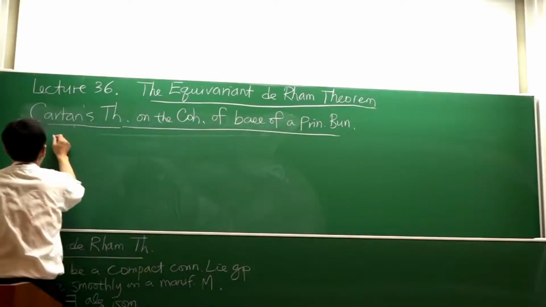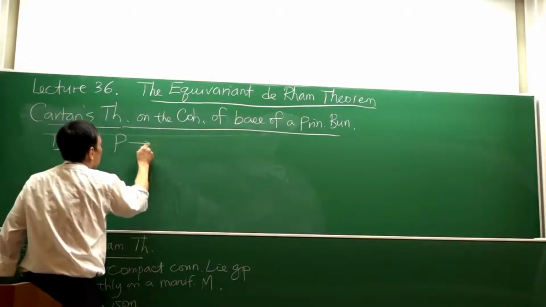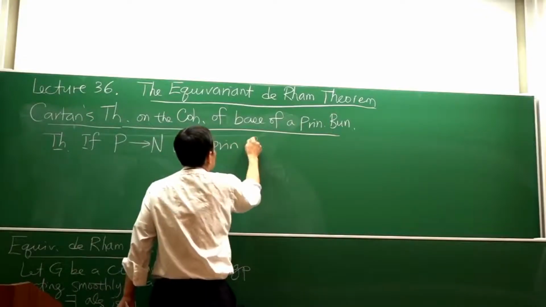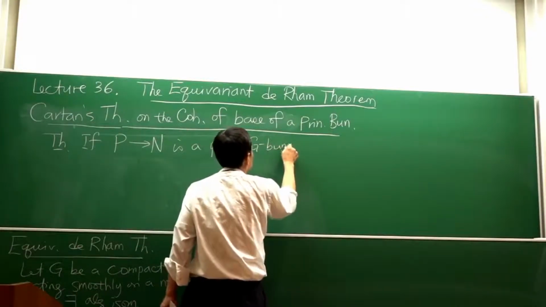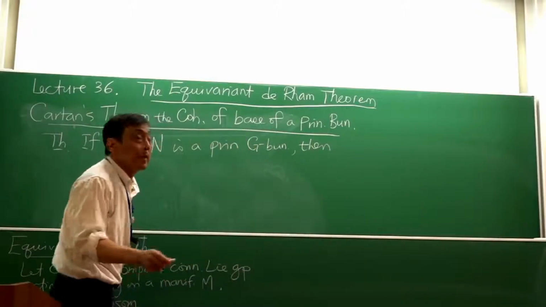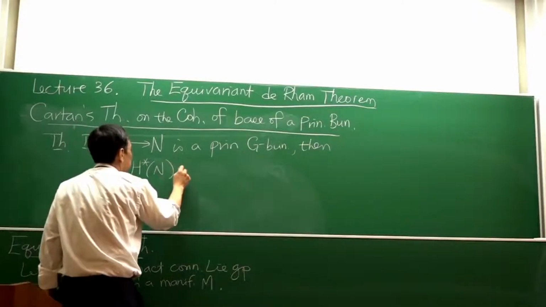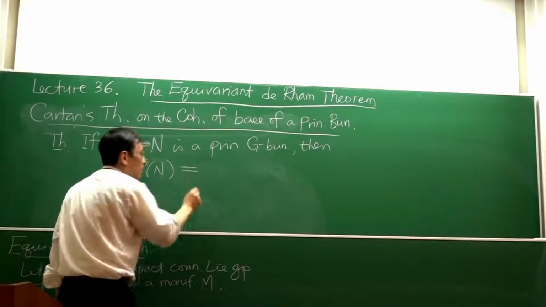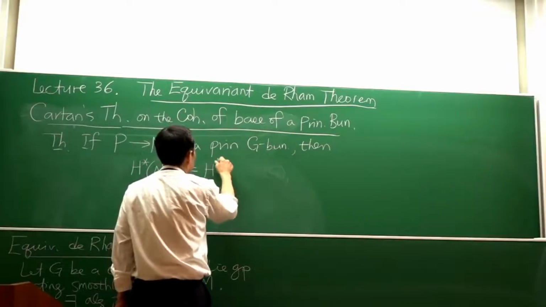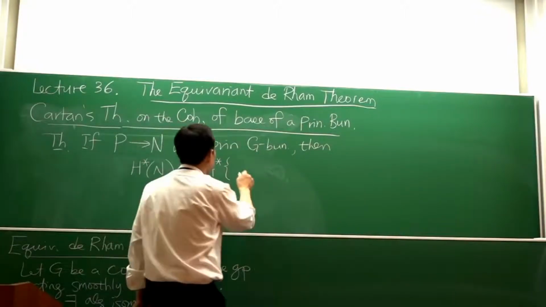So it says that if P to N is a principal G bundle, then the cohomology of the base can be computed from something like a Weil model.